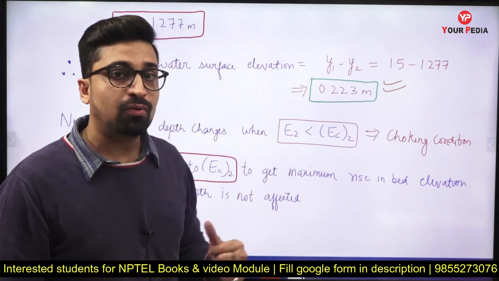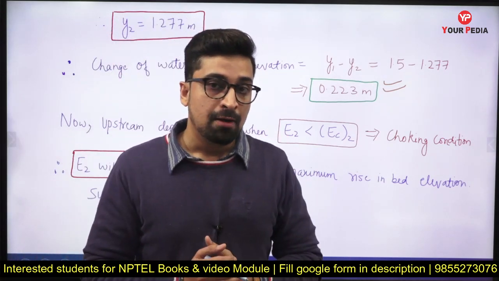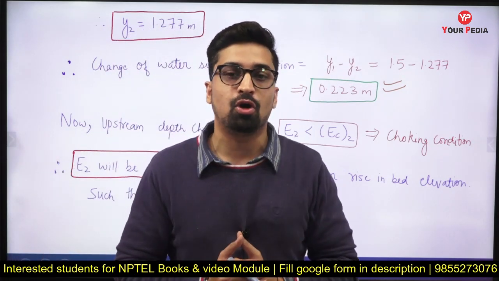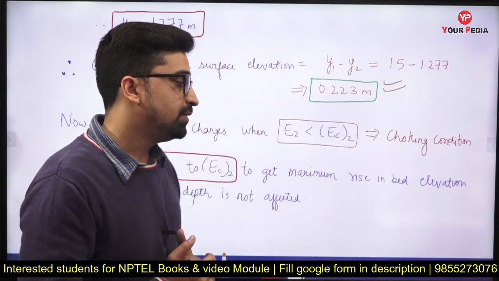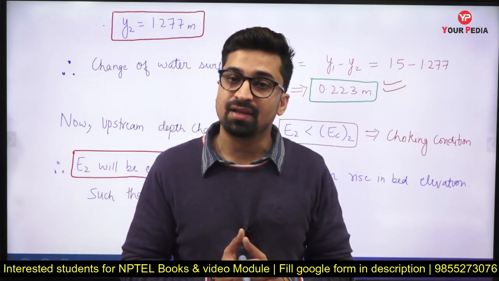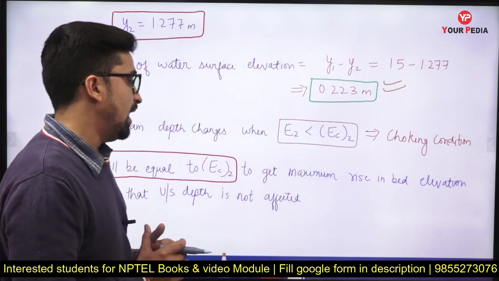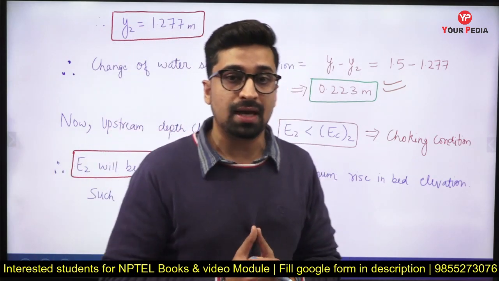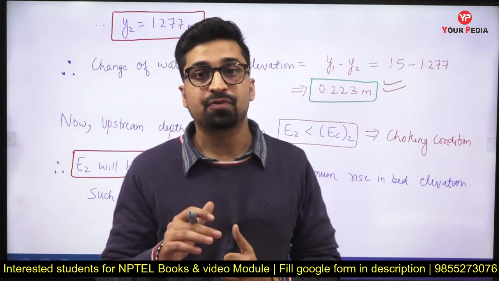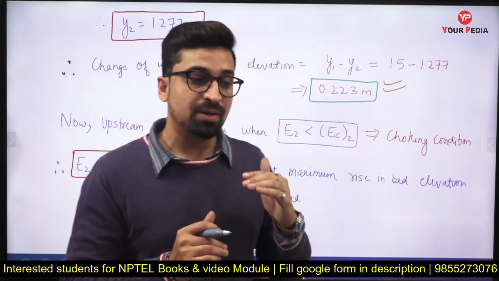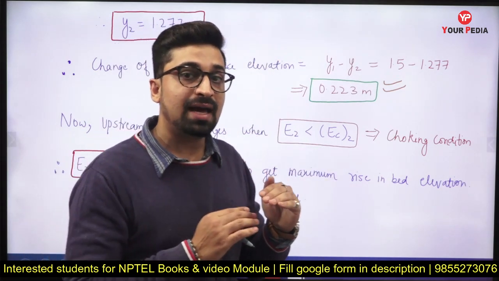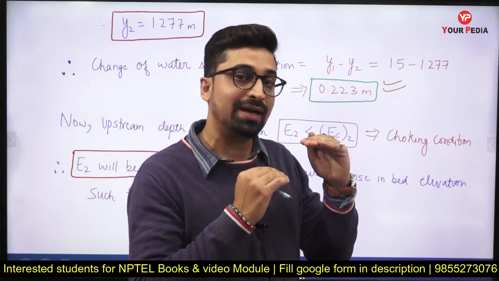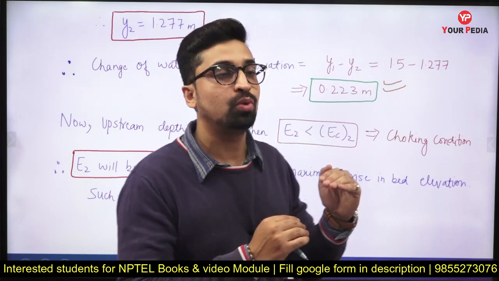Now they are asking you to calculate the maximum rise. So when the energy at section 22 becomes just critical energy, right, then you will get the maximum rise in the bed elevation, because after that y1 starts changing, and in this question they are asking that the upstream depth doesn't change. So the upstream depth won't change as long as the energy at section 22 is greater than or equal to the critical energy at section 22, right?